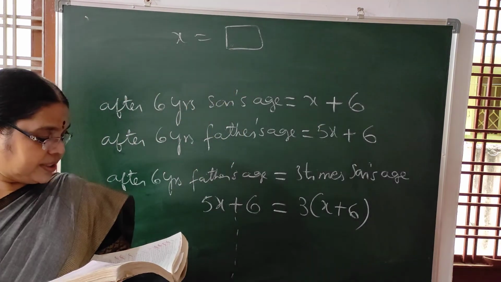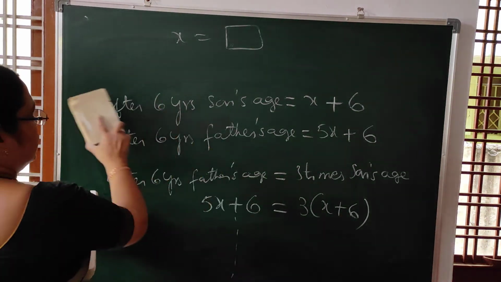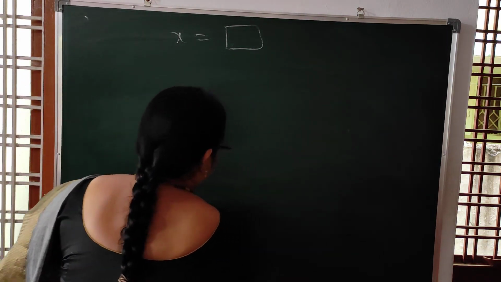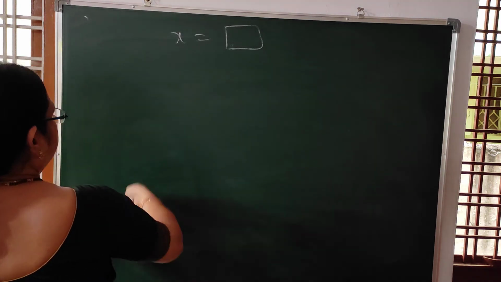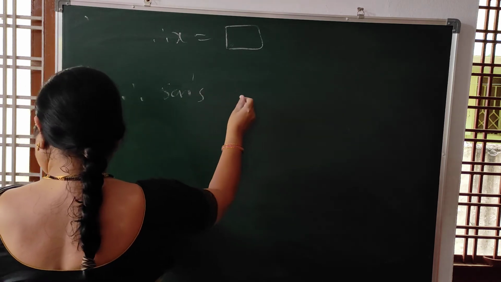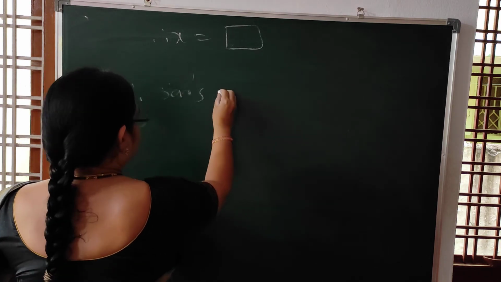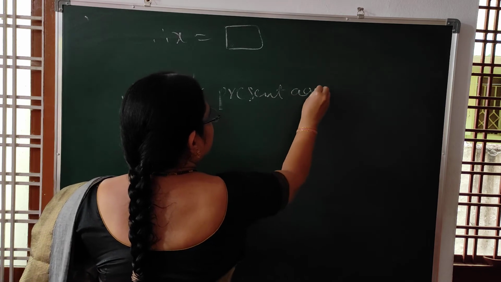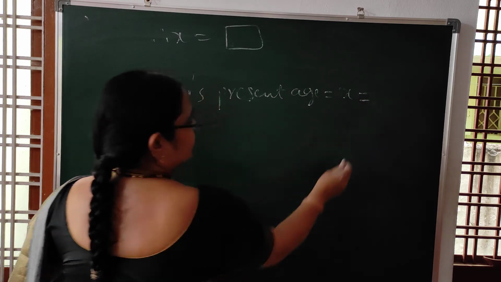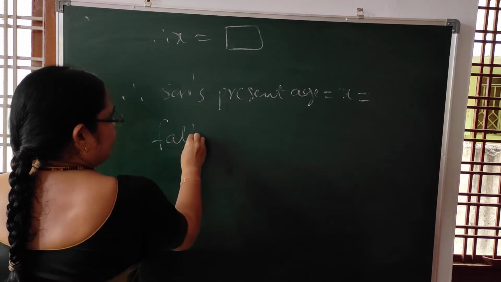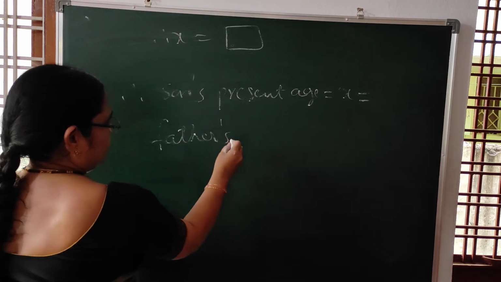What are you asked in the question? Find their present ages. The son's present age is what we have taken, x years. Then you are asked to find the father's present age also.